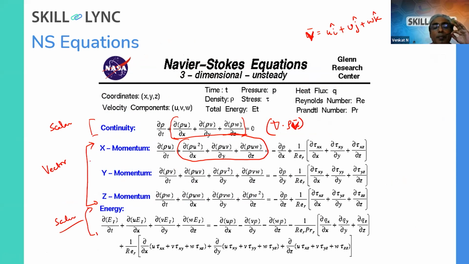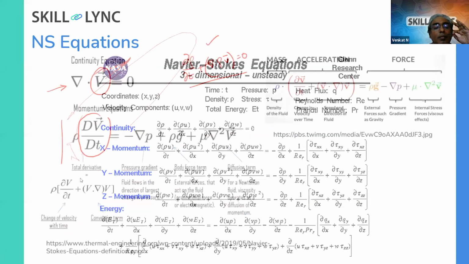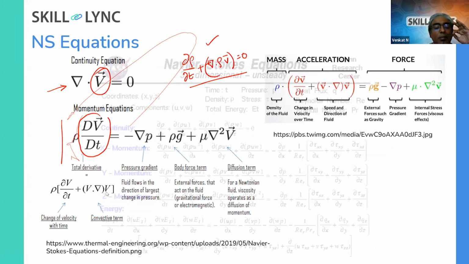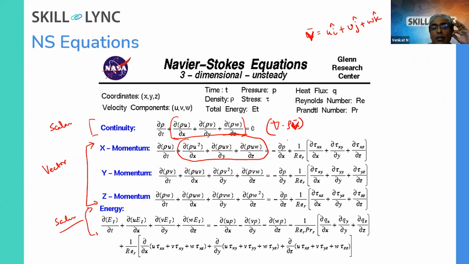So suddenly all these terms opened up, and they look crazy, right? But in fact, they were nicely packed up. If you look up here, in this V dot del V, this whole term was nothing but V dot del V. And when you open up component wise, all this will come.